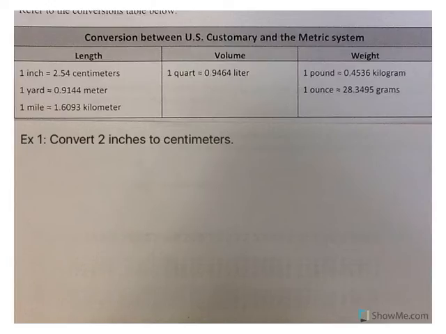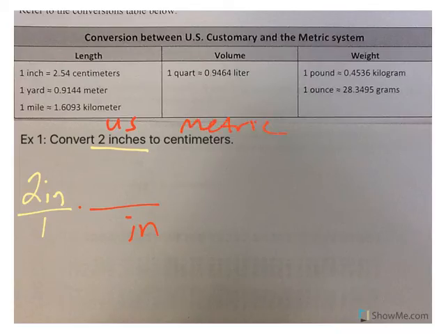In example 1, we're going to convert 2 inches to centimeters. This is very much like conversions with U.S. customary, in that we always start with what we're given. We're given 2 inches. If you want to get rid of inches, inches is going to go on the bottom. Inches is U.S., centimeters is metric, so I have to jump across the pond and use this box here.